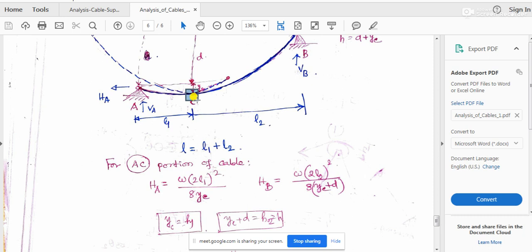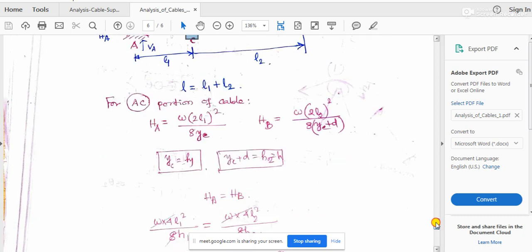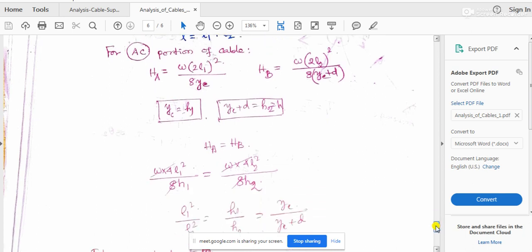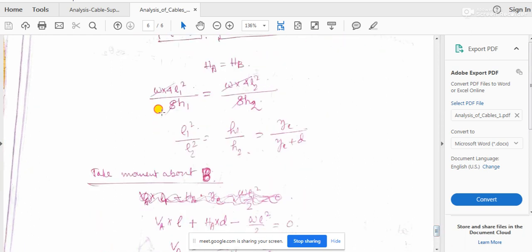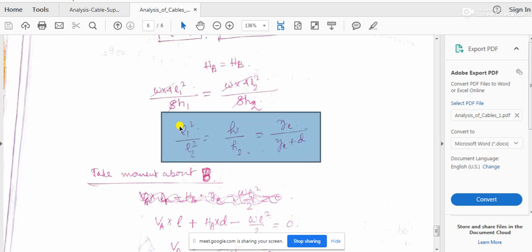If you remember, in the previous class we discussed that HA will always be equal to HB. Equating these two equations, you get an equation relating L1 to L2, because the values of YC and YC plus D will be known to you.